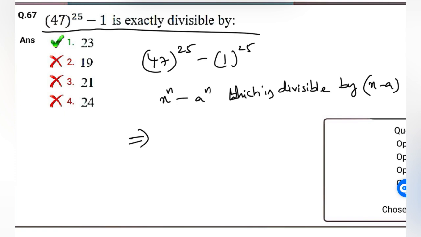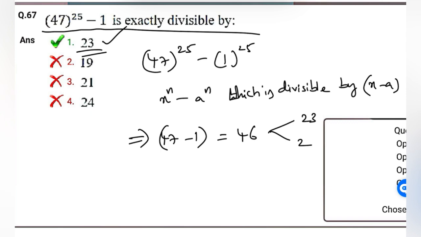Which means 47 minus 1 is equal to 46. This 46 is a factor of 23 into 2. So from the options, 23 is correct.